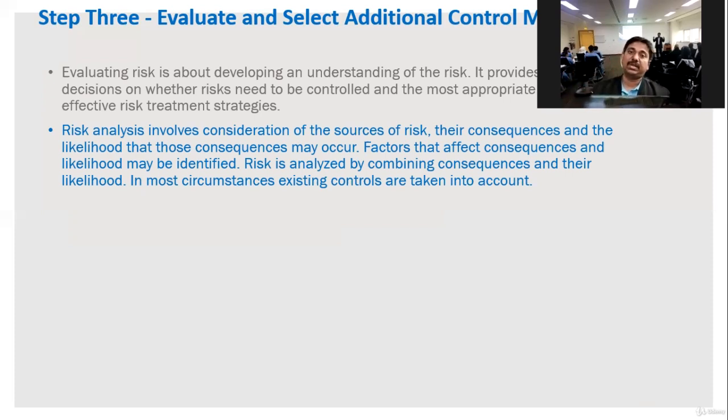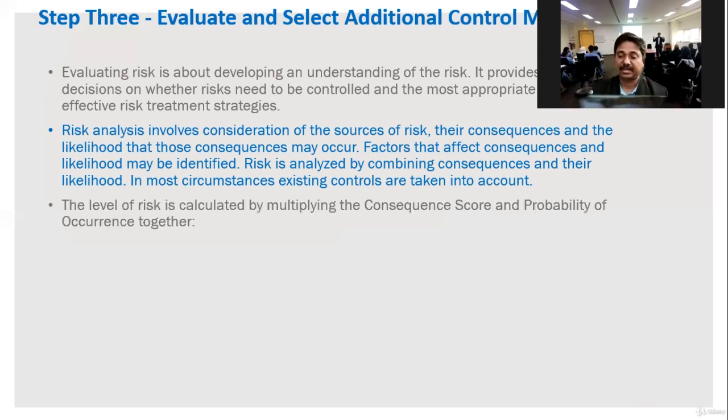Based on these only, we are identifying the risk and quantifying the risk by putting them into a matrix. The level of risk is calculated by multiplying the consequence score and the probability of occurrence together. Probability is called likelihood, and consequence is called after effect, or residual effect.